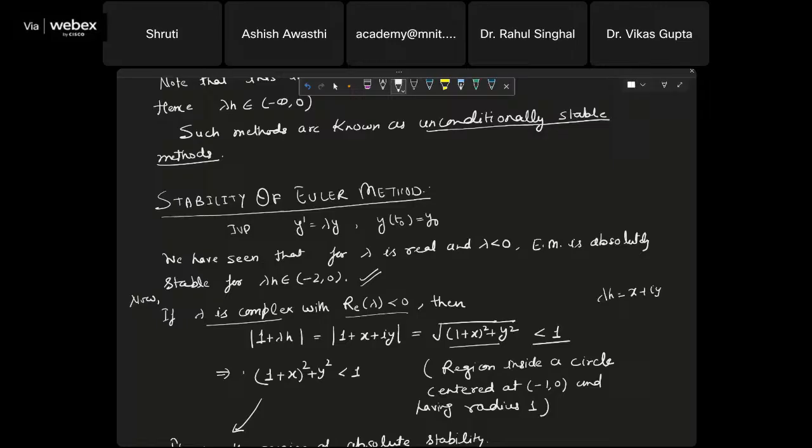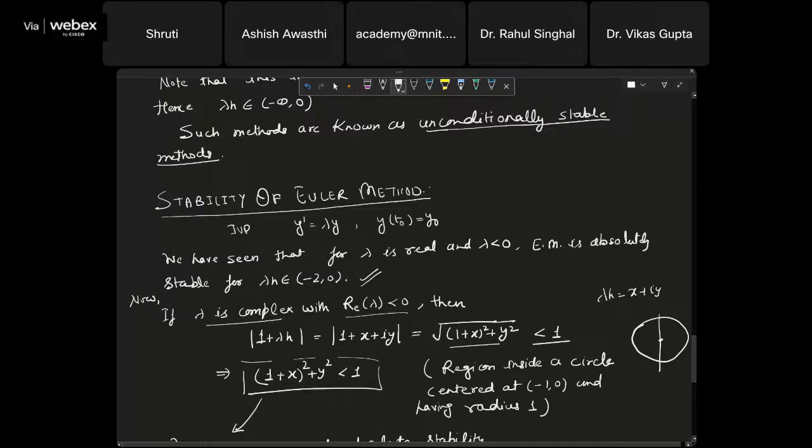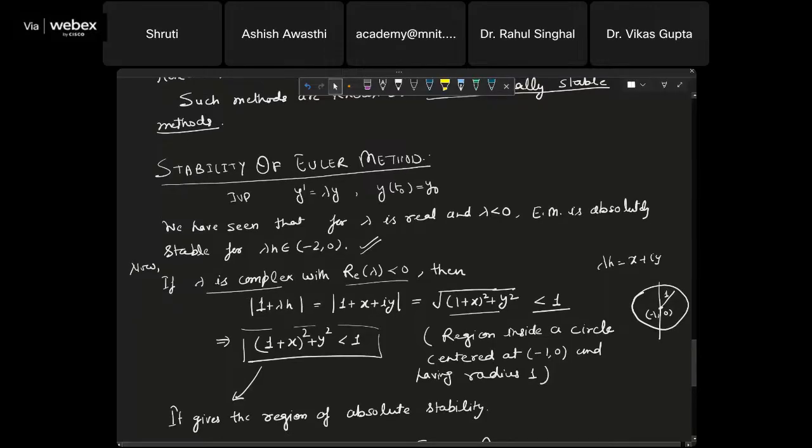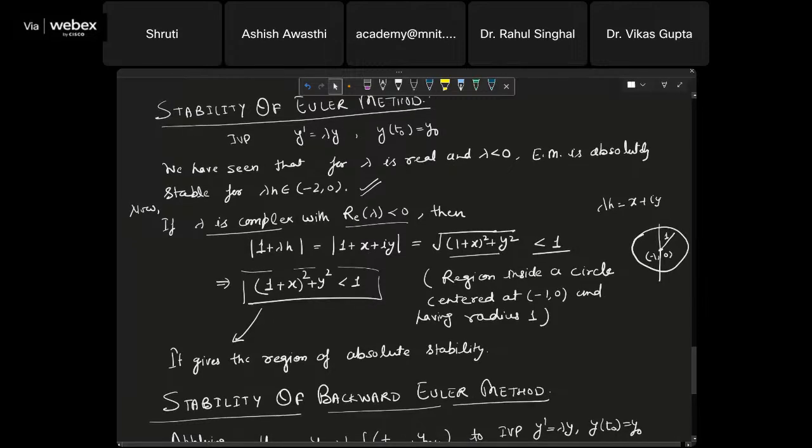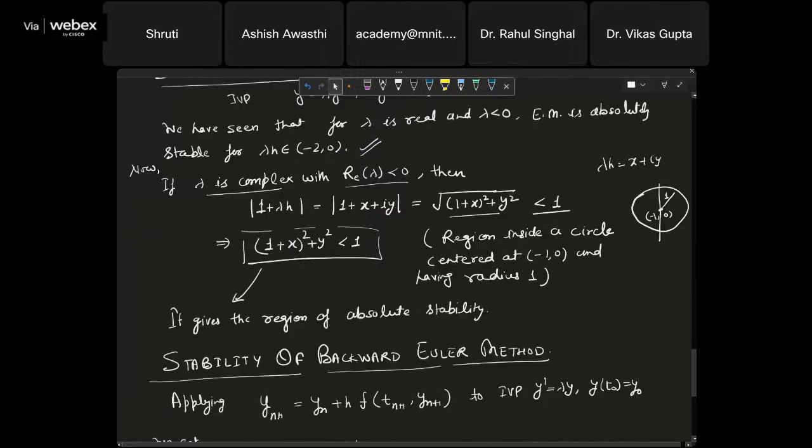With this, we end up with a condition which is nothing but the inside of a circle, centered at minus 1, 0 and having radius 1. So in this region, the method will be absolutely stable. This is the region of absolute stability of the numerical method.